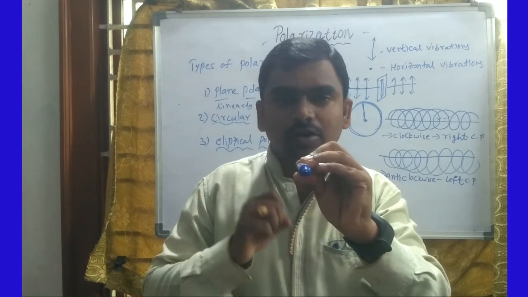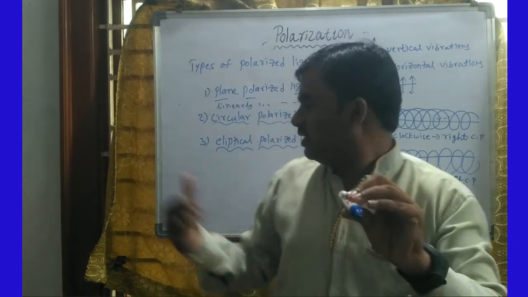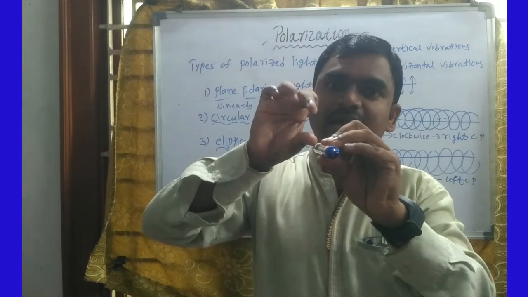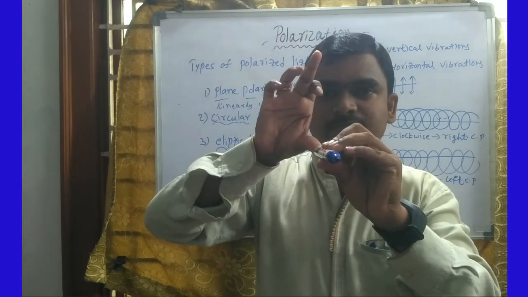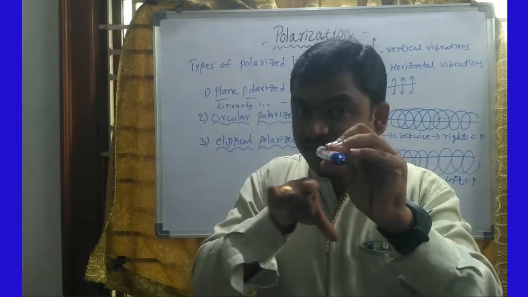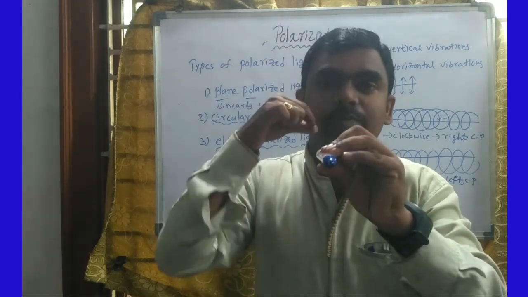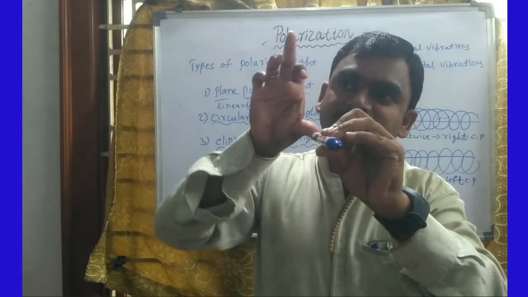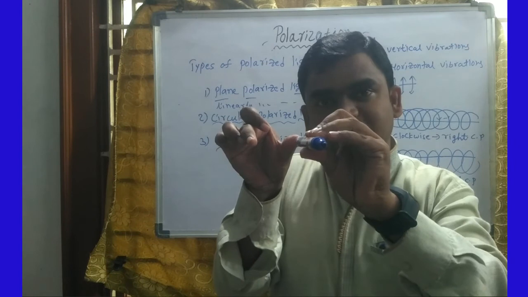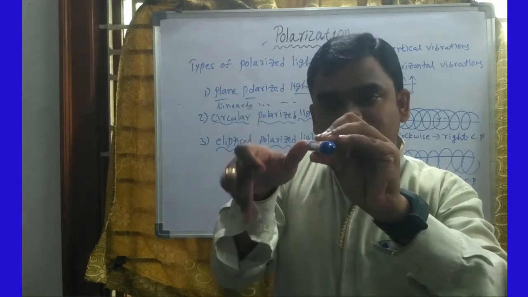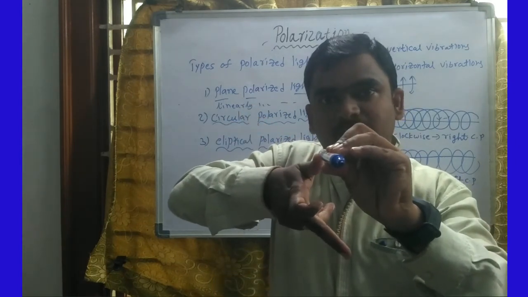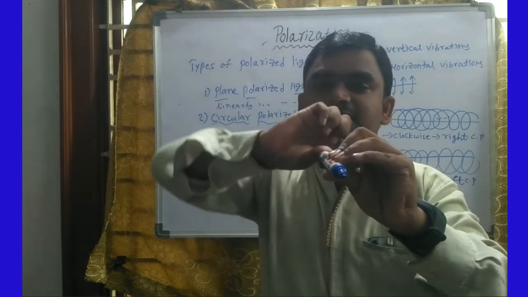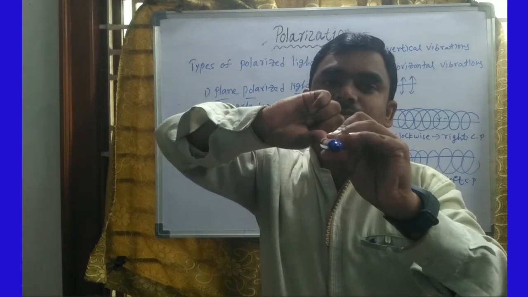Now in the third case, elliptical means that while the electric vector is rotating around the propagation direction, in one direction the amplitude is maximum. When it comes to the horizontal, that is minimum. Once again, at the vertical it is maximum, and once again at the horizontal it is minimum.